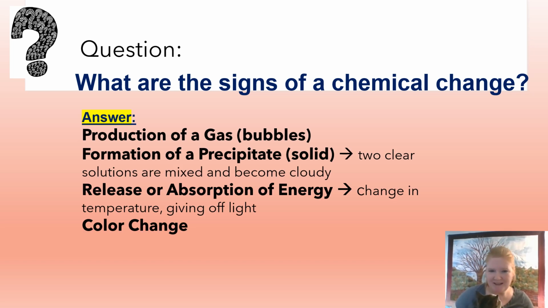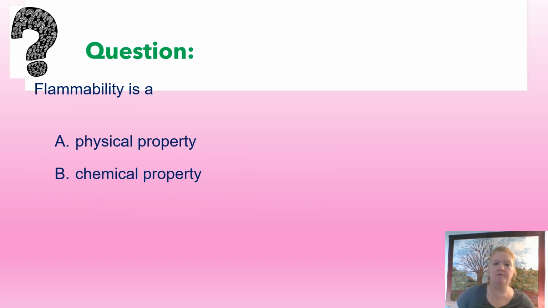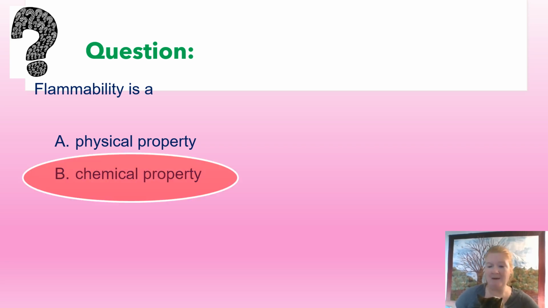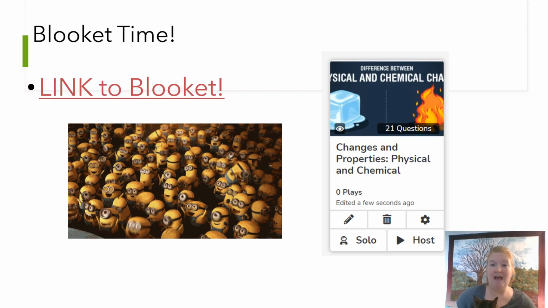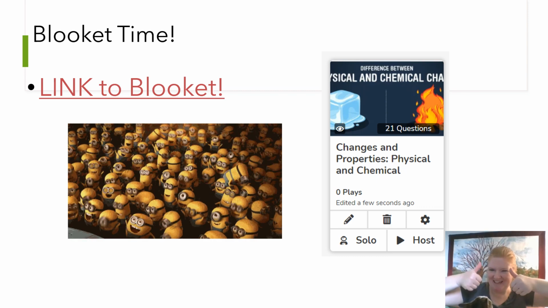Gas bubbles, a precipitate, giving off or absorbing energy, or a color change. Flammability is which kind of property? Chemical property. And in class, we'll be doing a Blue-Kit to review, super fun.